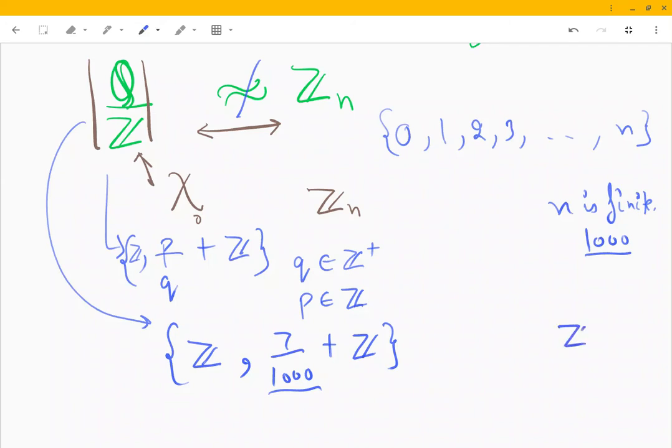Well, will this be isomorphic to Z1000? Any finite cyclic group is isomorphic to Zn, yes. And this is a finite cyclic subgroup of this. So yeah, I think these two are isomorphic. There's no doubt about that.